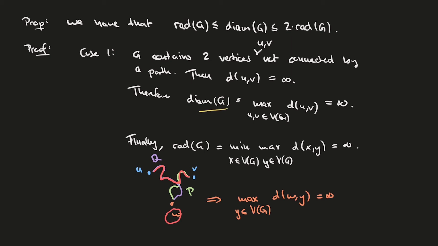Therefore, in this case, the diameter is infinite and the radius is infinite. So the inequality that we're looking for, the radius less than or equal to the diameter less than or equal to 2 times the radius, these quantities are all infinite, and therefore, in this case, the inequalities hold.